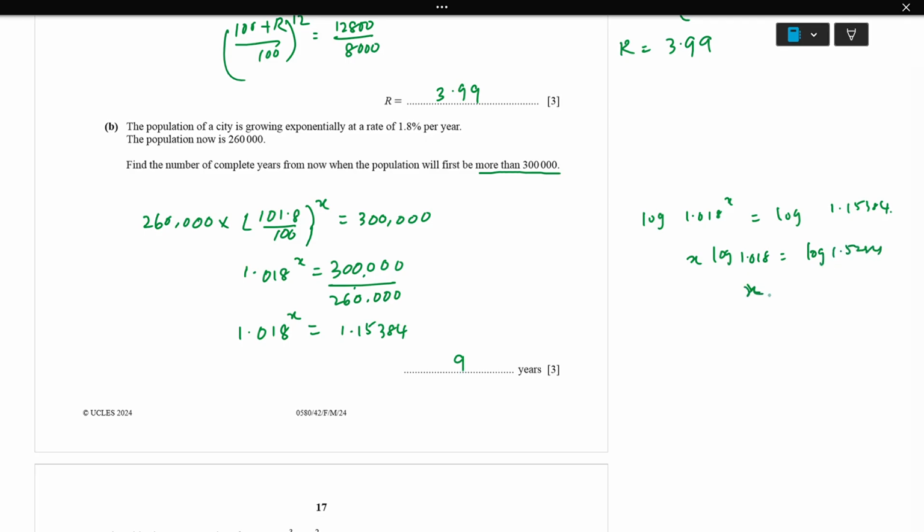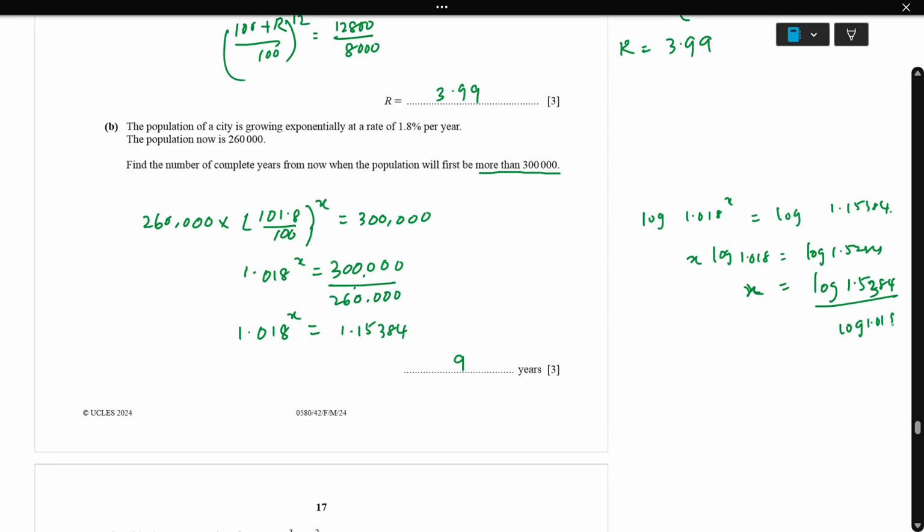So x equals log 1.15384 over log 1.018. Your answer will be 8 point something. When it becomes 300,000, it is taking 8 point some more years.